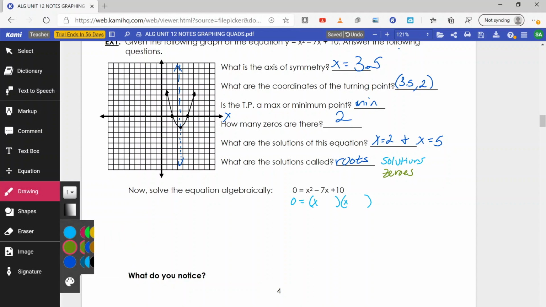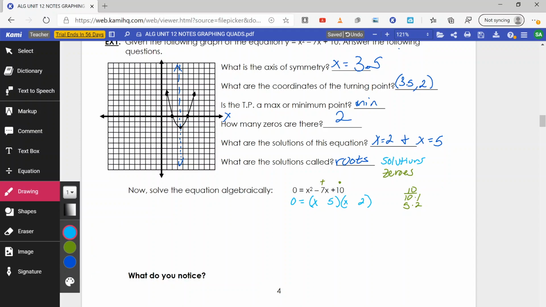And then recall, the numbers that I put down have to multiply to 10 and add to the middle term, negative 7. So we're going to list off factors of 10, which is 10 times 1, 5 times 2. So those are the only possible factors I could get for 10. Which of the two looks like I could get to 7? Well, it's going to be 5 and 2.